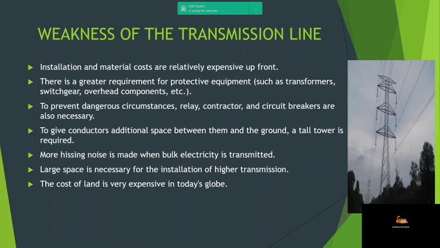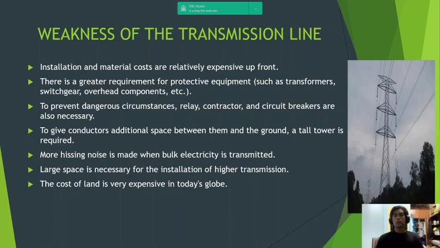And the second one is there is a greater requirement for protective equipment such as transformer, switchgear, and overhead components, and in the transmission line is to prevent dangerous circumstances. Relay, contactor, and circuit breaker are also necessary, which means all of these components will add more to the budget to build the transmission line.